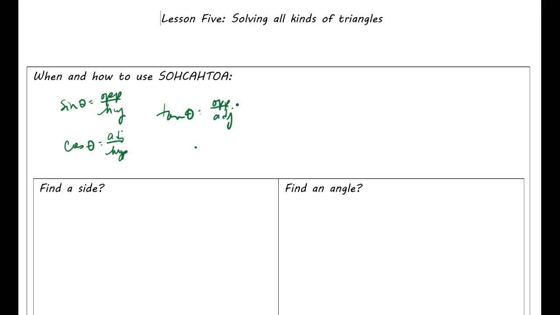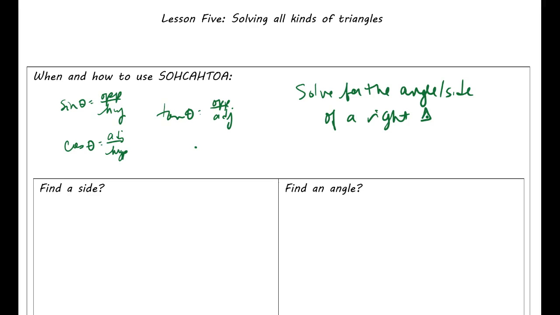Now, remember, the idea was that you used these ratios whenever you wanted to solve for either the angle or the side of a right triangle, and you were only given a limited amount of information.